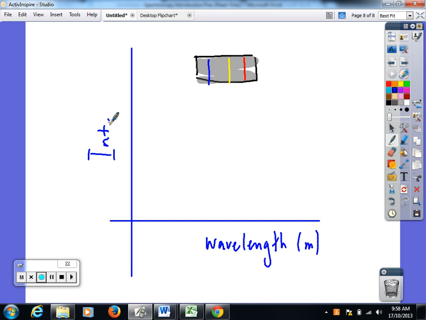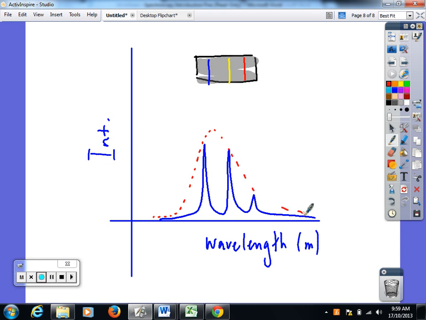So you see that. Okay. Are we okay with that? So an emission spectrum goes up. But the beautiful part is it's got to be somehow related to the continuous spectrum, and the continuous spectrum does magically fit over top of it. So in reality, it's still fitting the continuous spectrum.